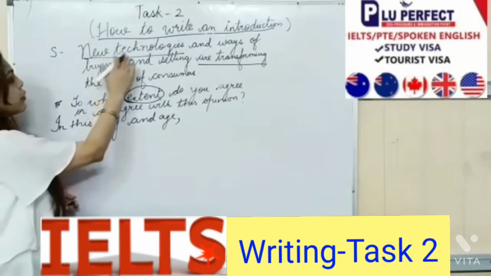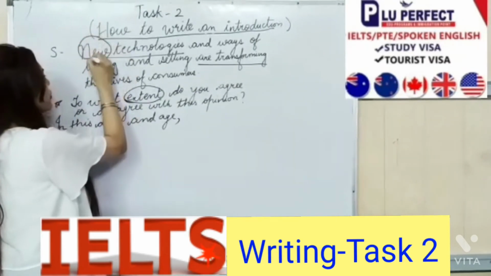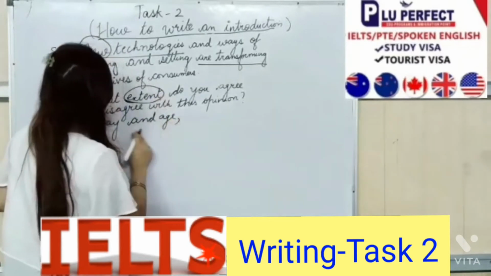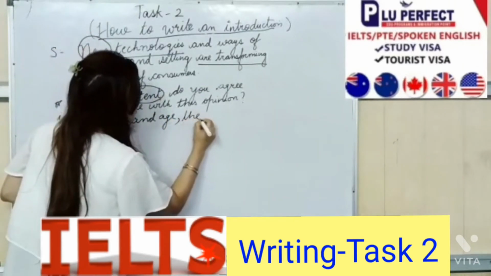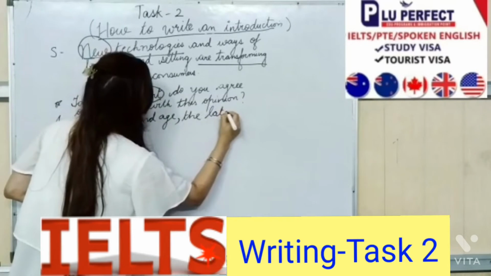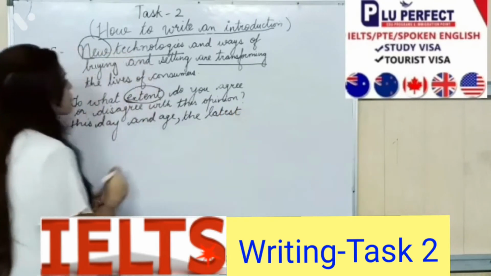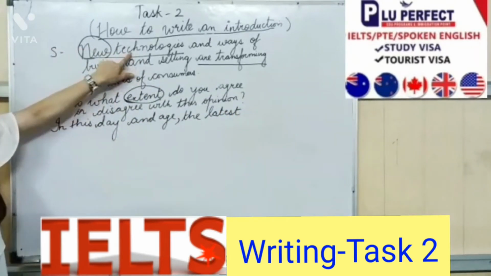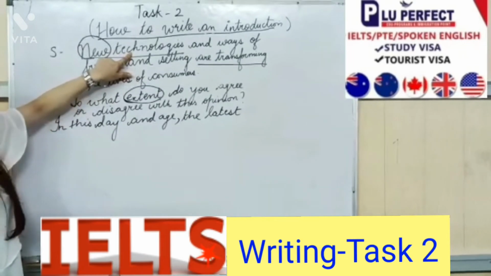Now, new technologies. For the word new, I can write in this day and age, the latest. New means latest, right? Now, what is technology? The technologies they develop, they keep developing, right?